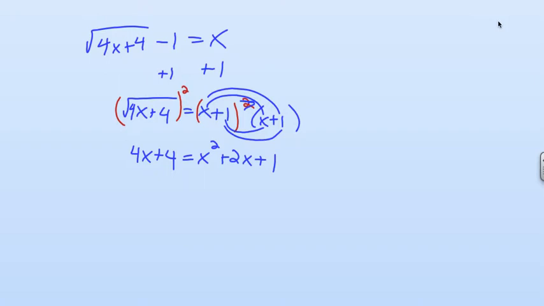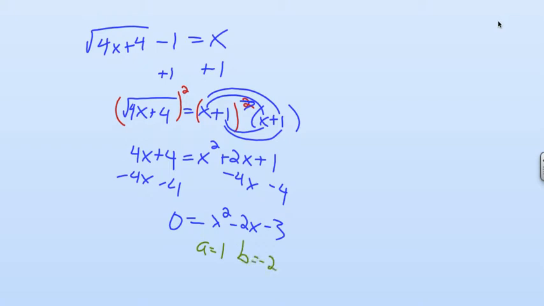Okay, now we need to use the quadratic formula. You can't use the quadratic formula unless your equation's equal to 0, so subtract 4x and 4 over to the other side. We get 0 equals x squared minus 2x minus 3. I'm going to use the quadratic formula with my a of 1, my b of negative 2, and my c of negative 3.